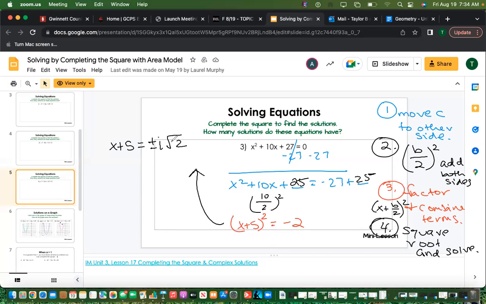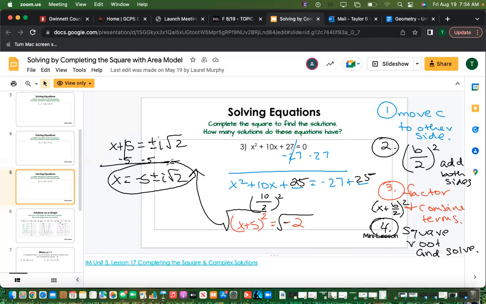Okay, and the reason why I'm going to write it like this is because we've got this negative, and when we take the square root of a negative, we're going to pull out an i. Okay. We're going to move 5 to the other side by subtracting it. And so that's going to give us x equals negative 5 plus or minus i square root of 2.